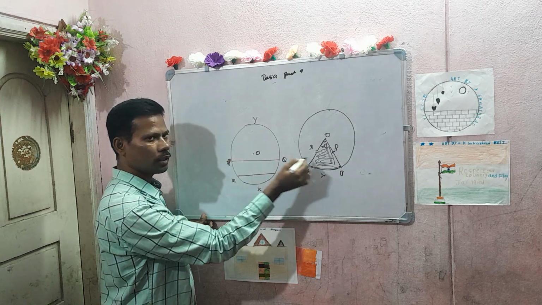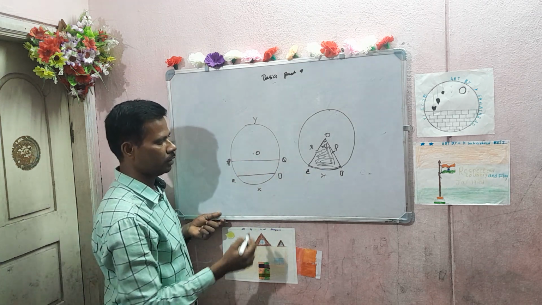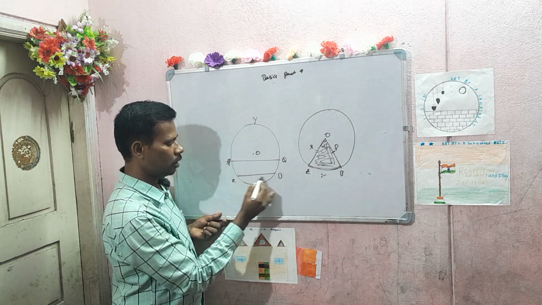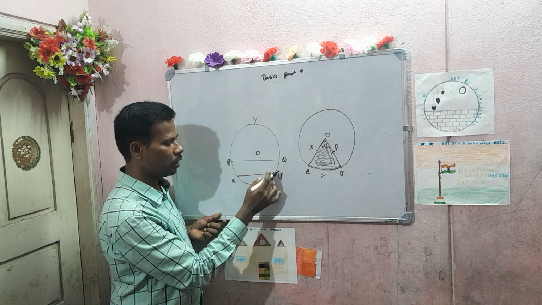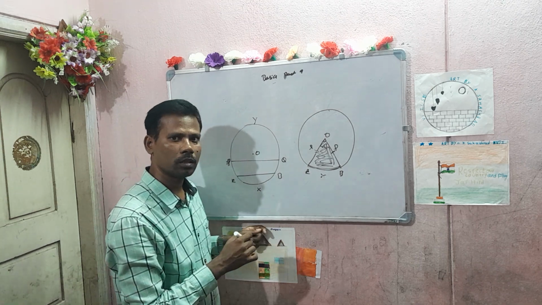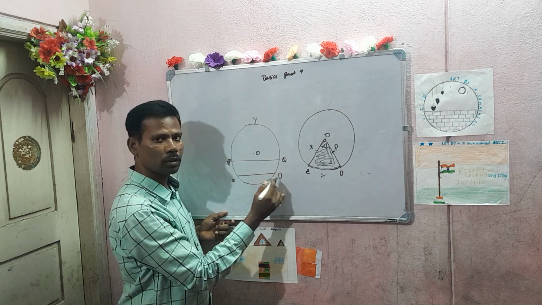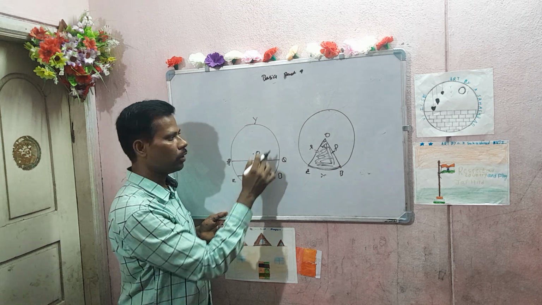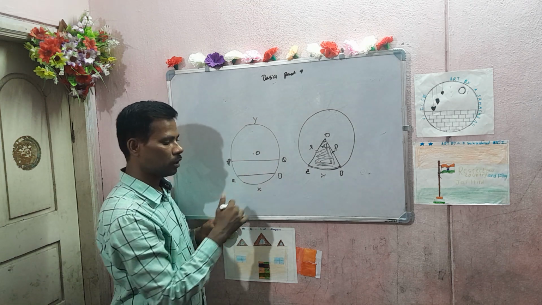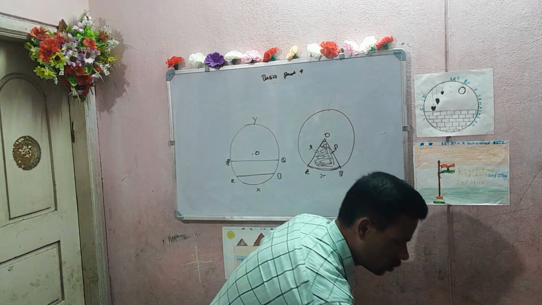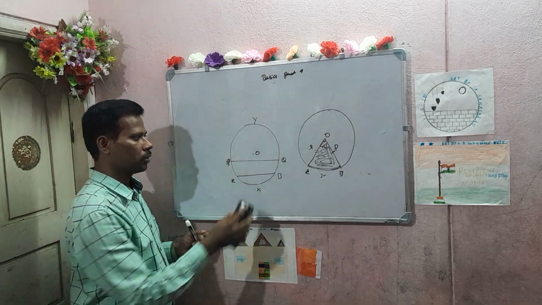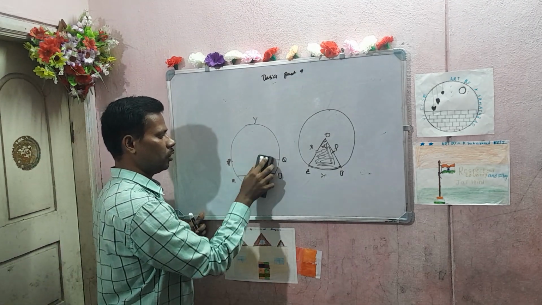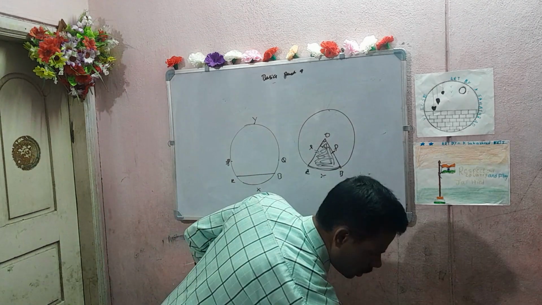If it passes through the center of the circle, then it is called a diameter. I'm sorry, now I'm going to explain.